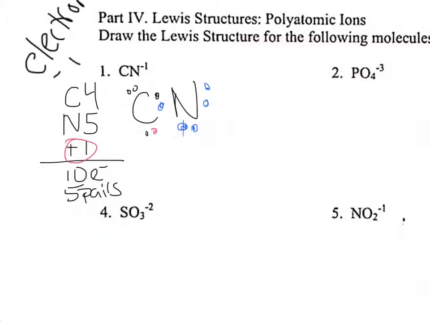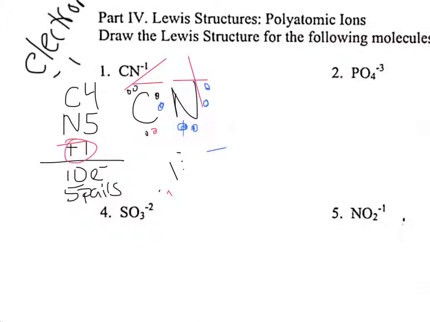It looks like if we were to bring in another electron, then each would have 7. Bring in another electron, then each will have 8. And so we just kind of know that from our previous experience. So we have carbon sharing 1, 2, 3. Here's its 4th. Here's that random extra electron.